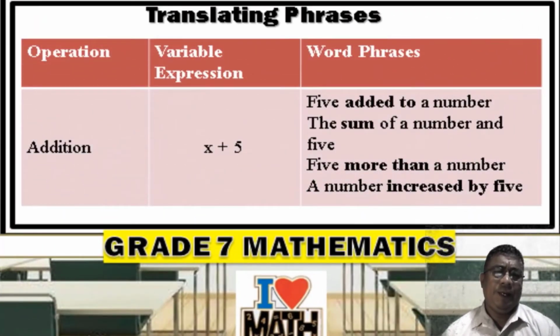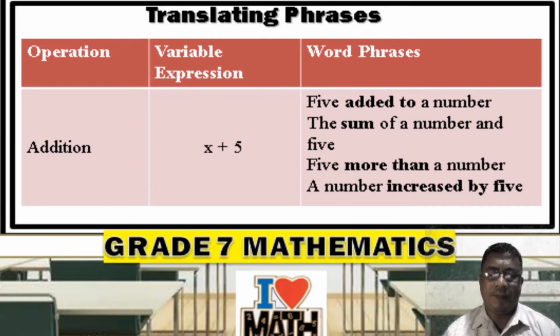Consider the operation for addition. We have here 3 columns for operation, variable expression, and word phrases. So let's have first the addition operation.